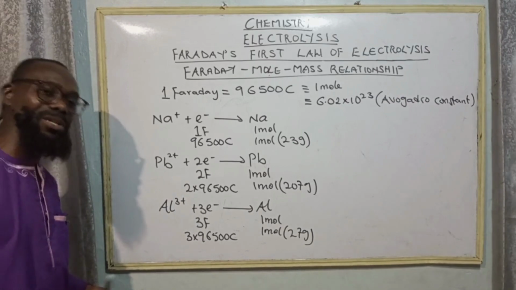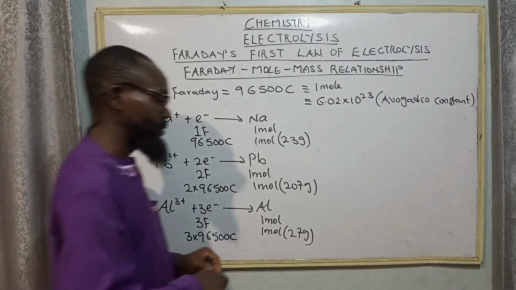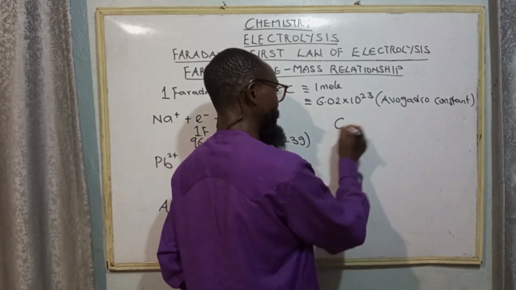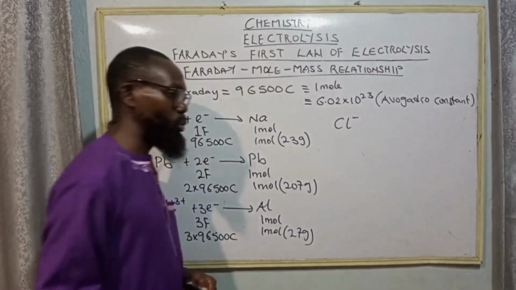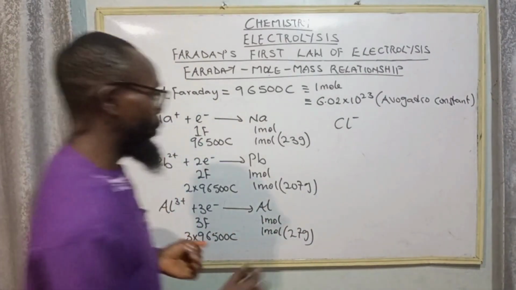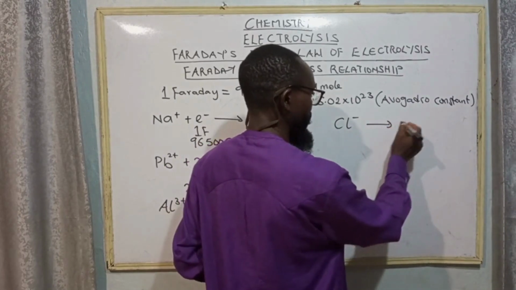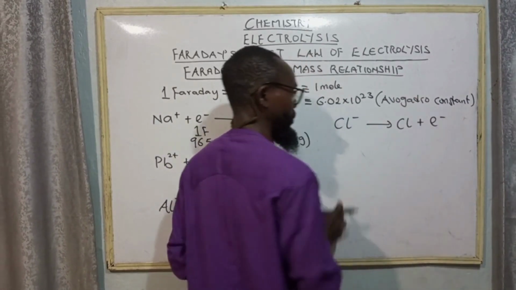What about the anions that are negatively charged? Okay, let's take chlorine. Chlorine, that is chloride ion. Chloride ion is going to, instead of gaining, lose electrons. It's going to give us chlorine plus 1 electron.